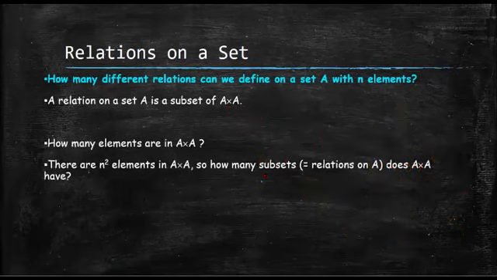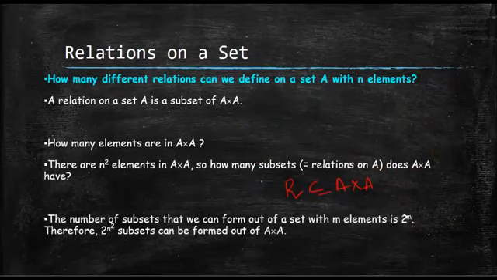So how many subsets does A cross A have, given that a relation on A is a subset of A cross A? In this case, we can easily mention that R is a subset of A cross A. The number of subsets that we can form out of a set with m elements is 2 power m.